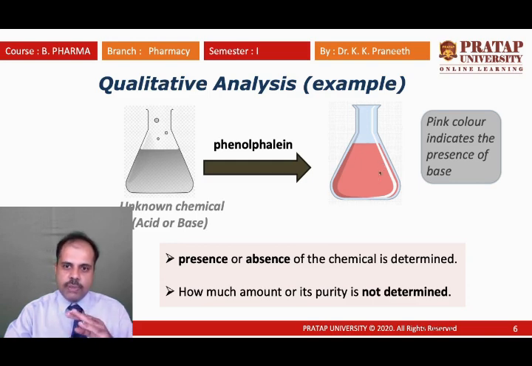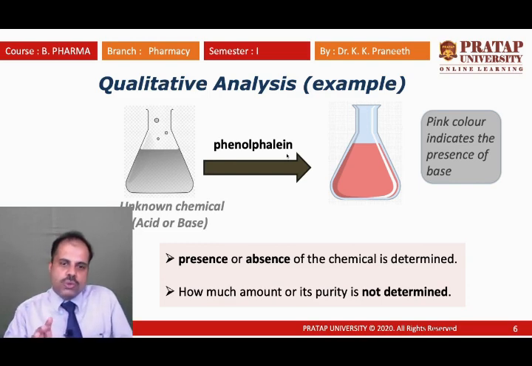Maybe it contains 50% base with some water, or some other chemical also, we don't know. I know only that it contains base using this experiment. How much purity and other details are not determined in qualitative analysis. So this is an example to clearly show you what information we gather from this qualitative analysis technique.